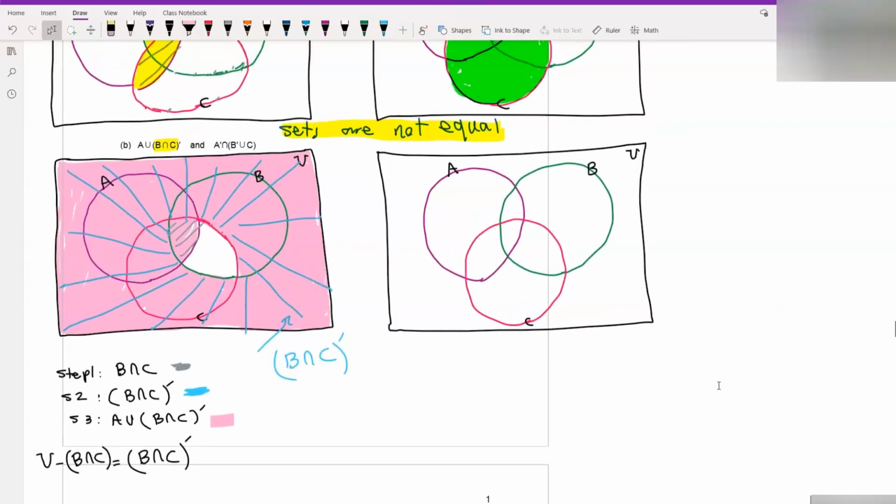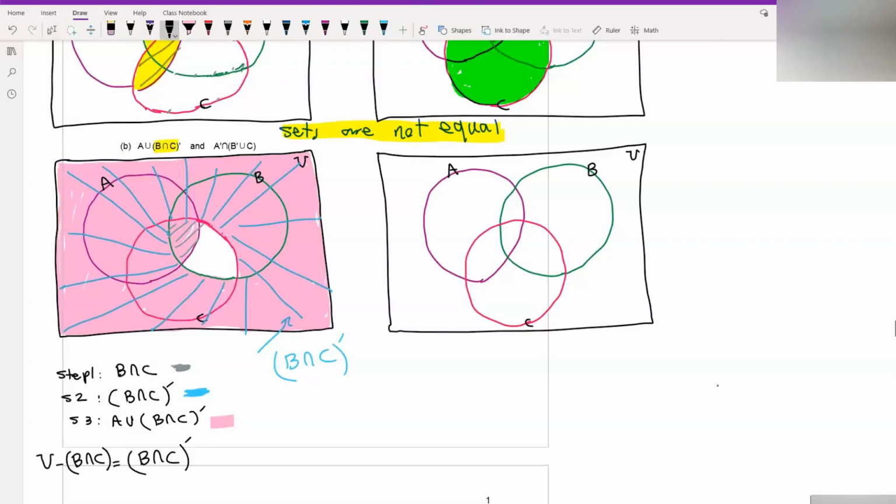Now I'm going to work on what I have on the right side. So this one was for the first part on left. So first we have to find, I'm going to write steps.